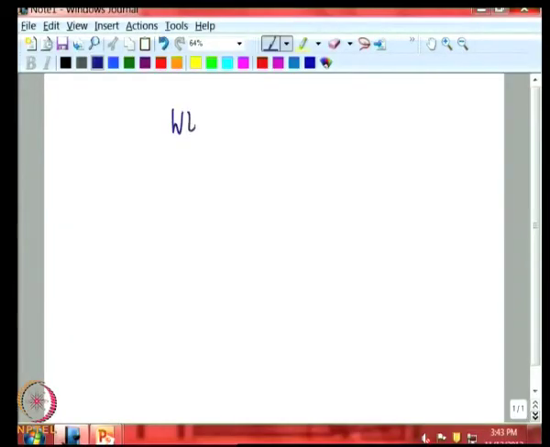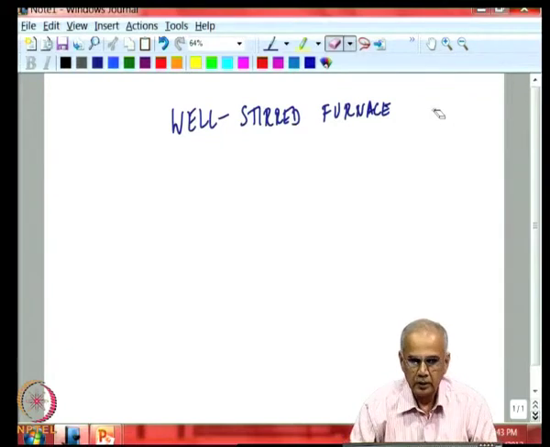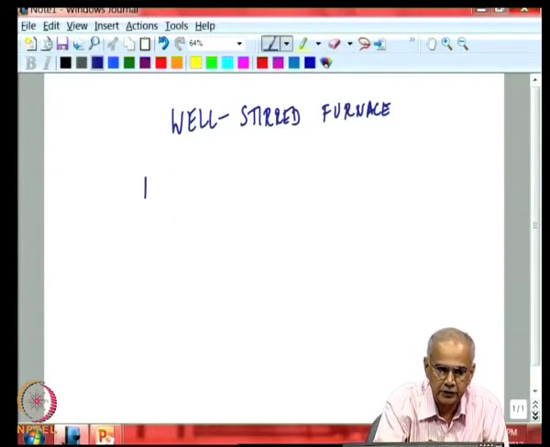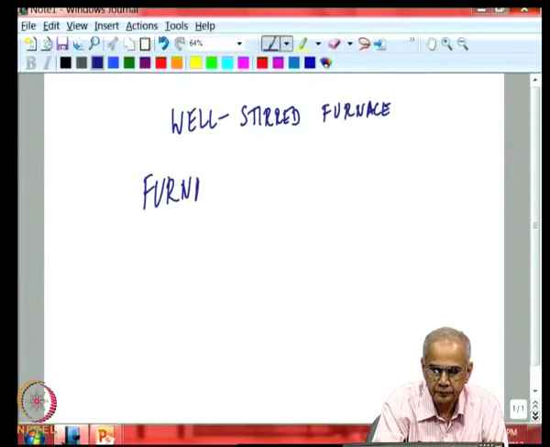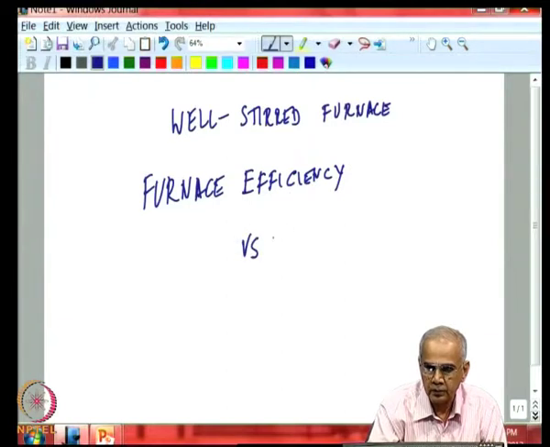In the last lecture, we looked at the well stirred furnace model, in which we treated the entire furnace to be at a single temperature, and we were able to relate the furnace efficiency with the firing rate.